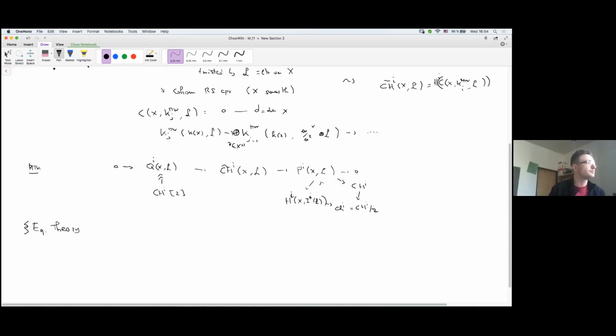Well, you know that for Chow groups, there was an equivariant theory developed by Totaro and Edidin-Graham, which is equivariant in the sense that it's more of a Borel equivariant theory in analogy with topology. So this is after Edidin-Graham, and it's a Borel kind of cohomology.